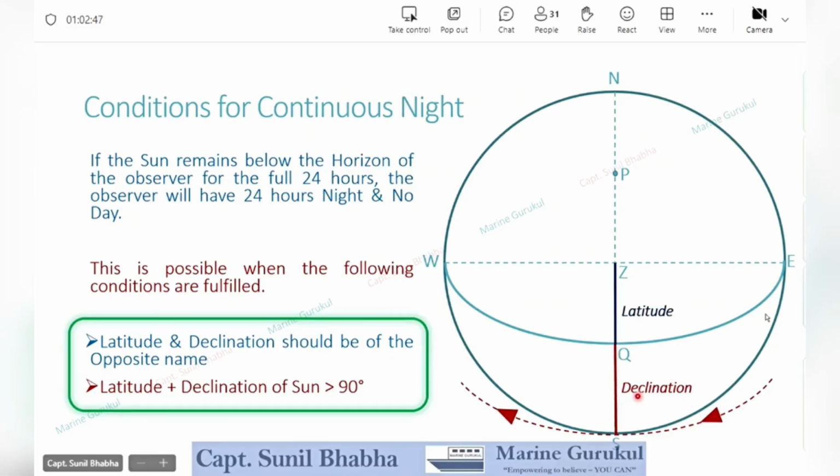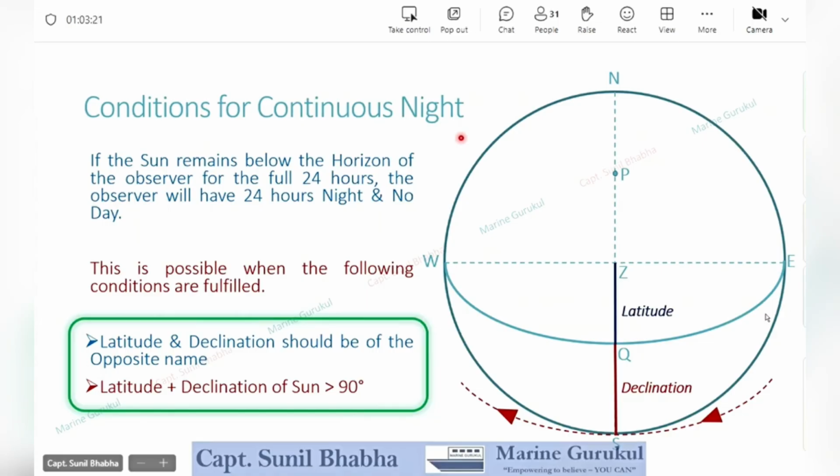So if latitude plus declination is greater than 90, it immediately tells us that the declination circle will pass beyond our rational horizon, or the sun is going to remain below our rational horizon. So that's why the condition latitude plus declination of sun should be greater than 90 degrees, for the sun to remain below the horizon for 24 hours, resulting in a 24 hours night or a continuous night.